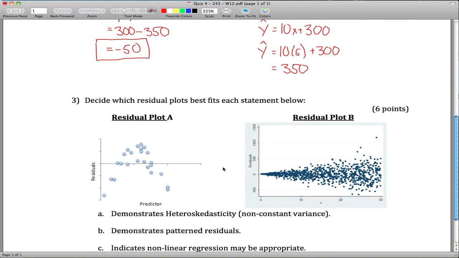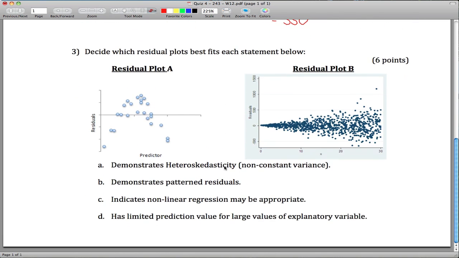All right, finally, number 3. Decide which residual plot best fits each statement below. We have residual plot A here and residual plot B here. These were examples of two things we discussed in class. One of them is called heteroscedasticity.